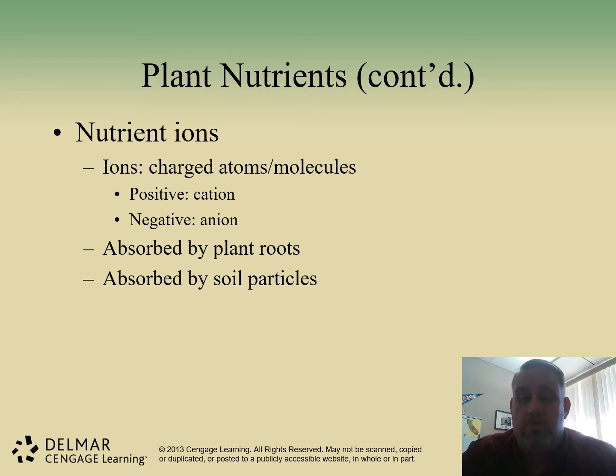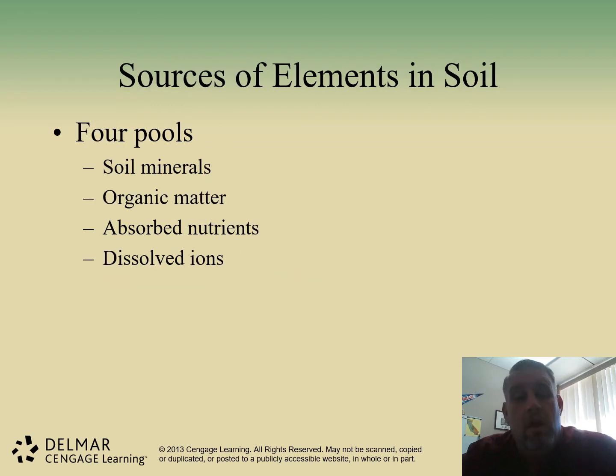And we will shortly be talking about the cation exchange capacity of a soil. So basically, there are four pools of elements within the soil where they can be found. You have your soil minerals, your organic matter, absorbed nutrients, and dissolved ions. These are the four main areas that can harbor these elements within the soil.